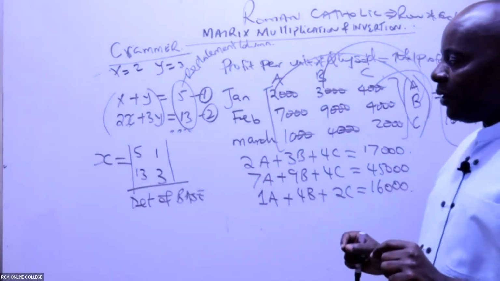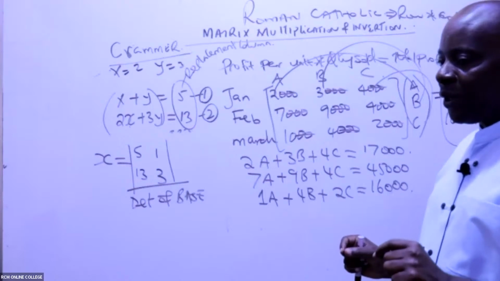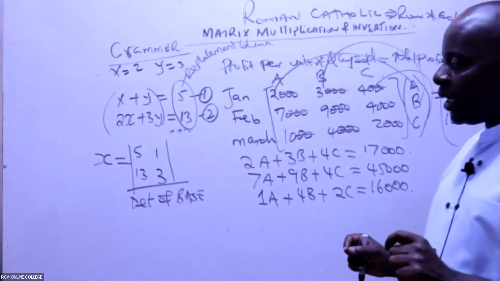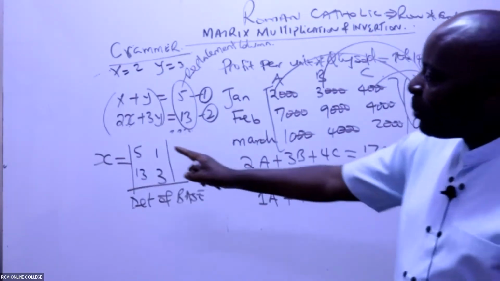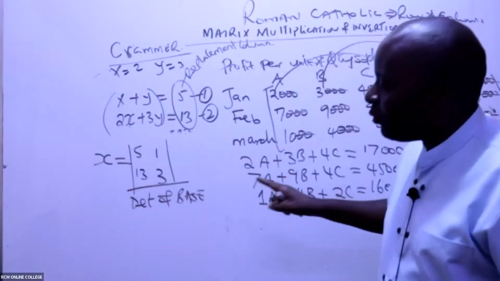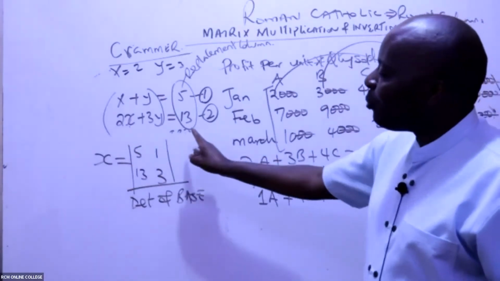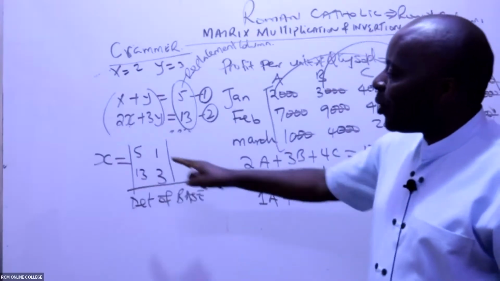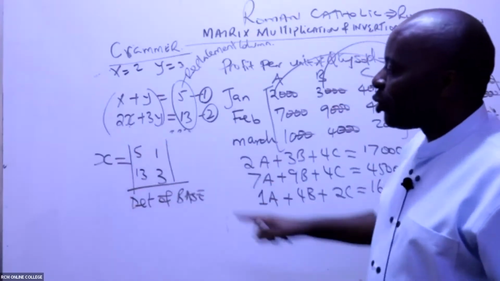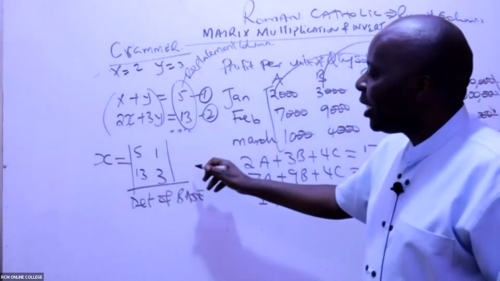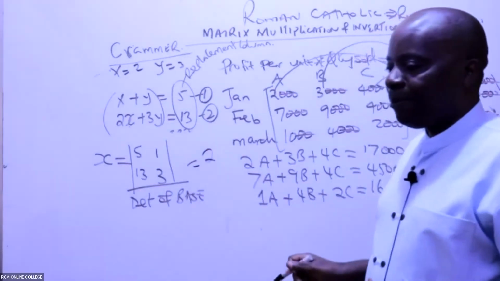So you see here, product of primary is 15 minus product of secondary. Product means you are multiplying. So 15 minus 13 gives me 2.